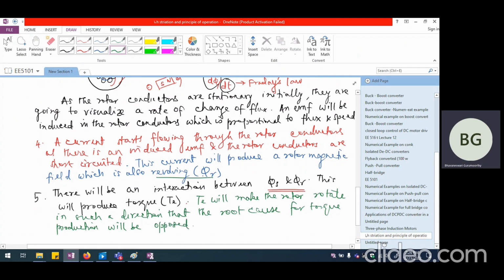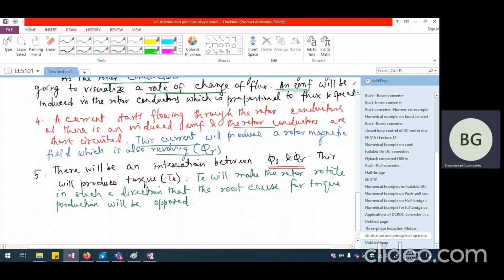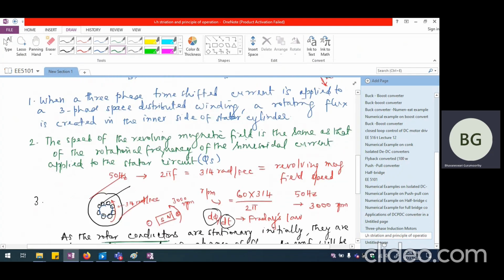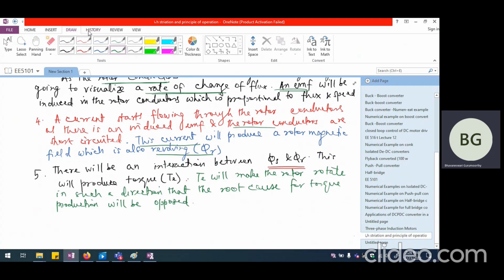And the rotor flux was created because of the rotor current. The rotor current is the one which created rotor flux. And the rotor current was due to the induced EMF. And the induced EMF was because the rotor conductors were seeing a rate of change of flux. That is the reason why you had an induced EMF. So basically, if we want the rate of change of flux to be not observed by the rotor conductors, the rotor conductor should also start rotating at the same speed as that of the revolving magnetic field speed.